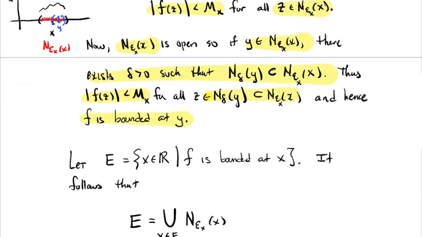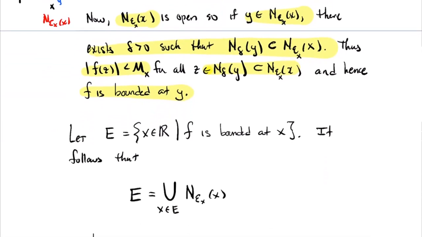So that means if we let E be the set of real numbers x where f is bounded at x, then E is the union of all those epsilon neighborhoods, right? This is a pick-a-point proof. I'm going to leave the details to you, but one of these inclusions is by definition. If you pick some element of E, then because it's bounded at x, there's some epsilon neighborhood such that blah, blah, blah. x is certainly an element of the epsilon neighborhood at x, so it's an element of the union.